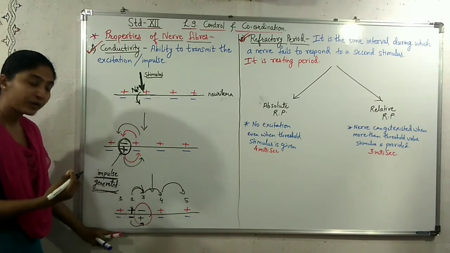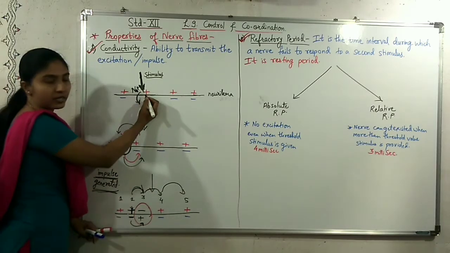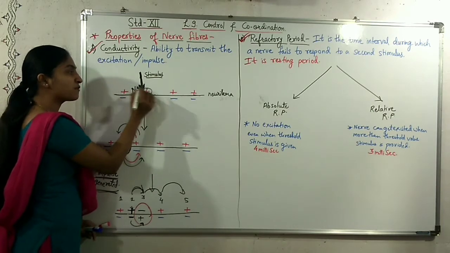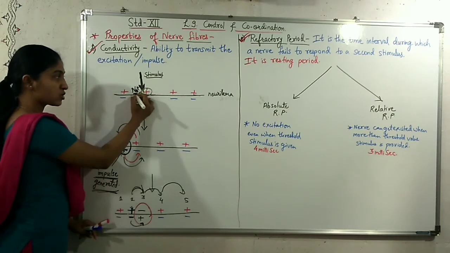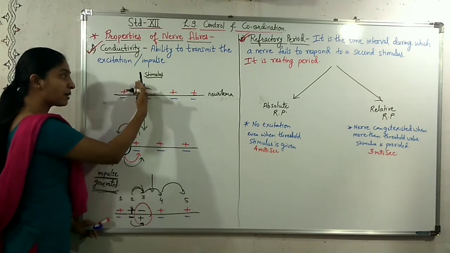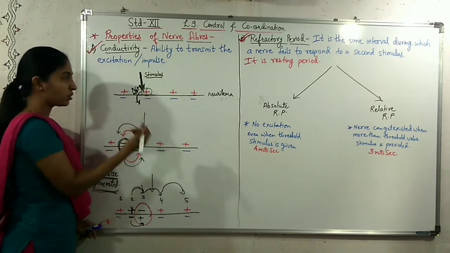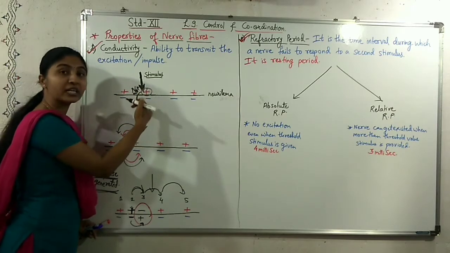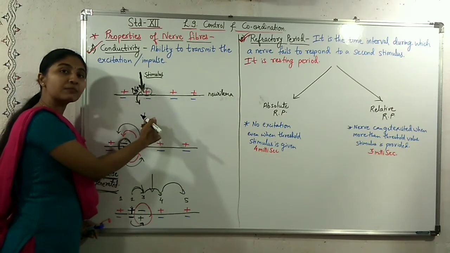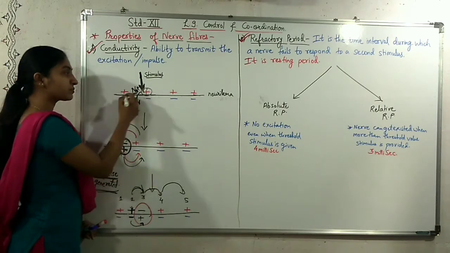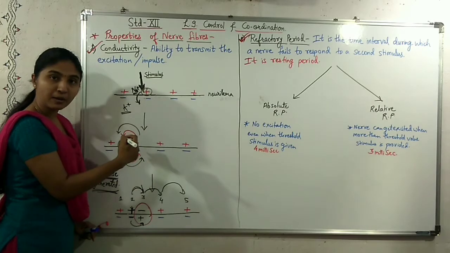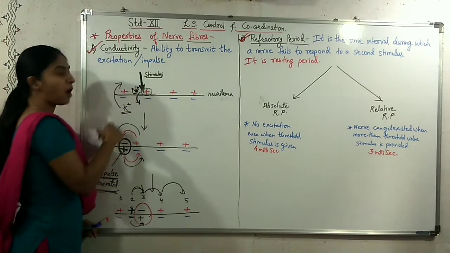But now what happened here? In the normal case, the positive charge was because of sodium ion. When that sodium ion came inside due to the change in permeability of the membrane, at the same time the potassium ion, which was present inside the membrane, was given out.